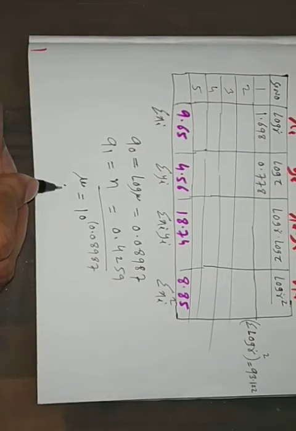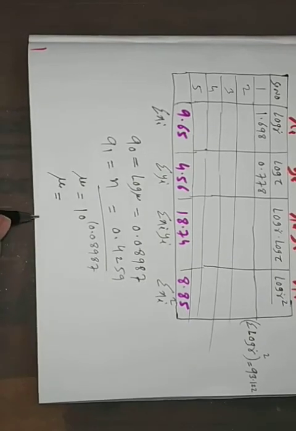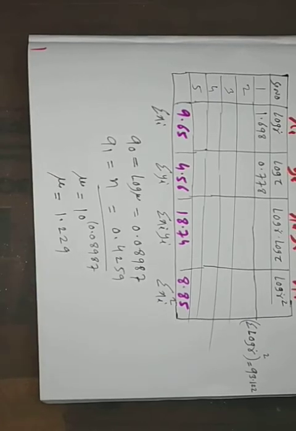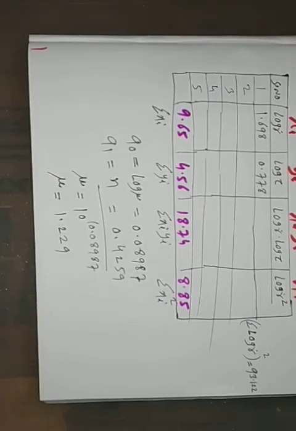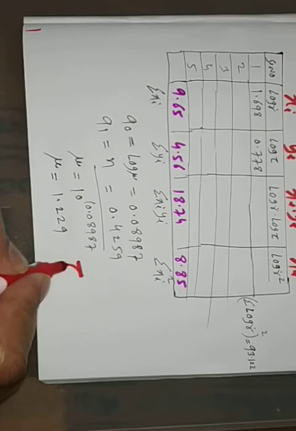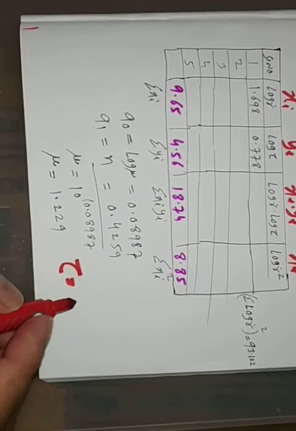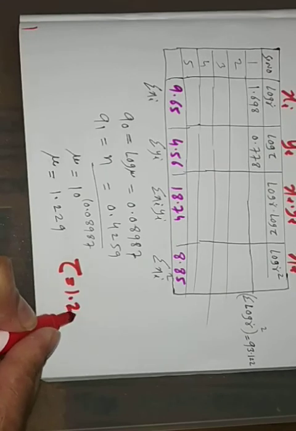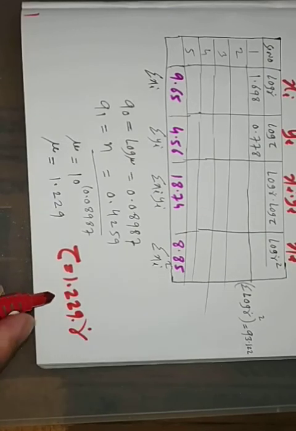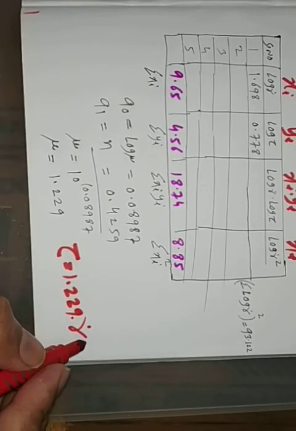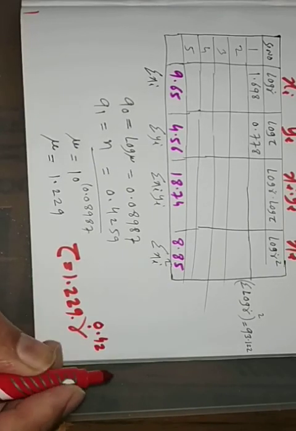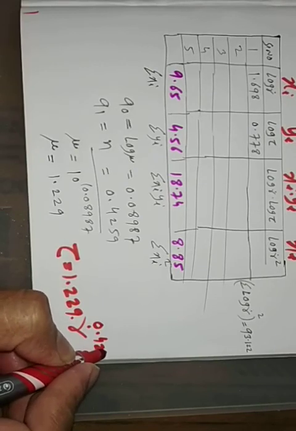So mu is equal to 1.229, and the equation will become tau is equal to 1.229 into gamma dot raised to 0.4259.